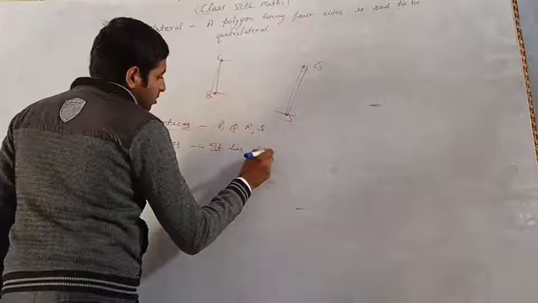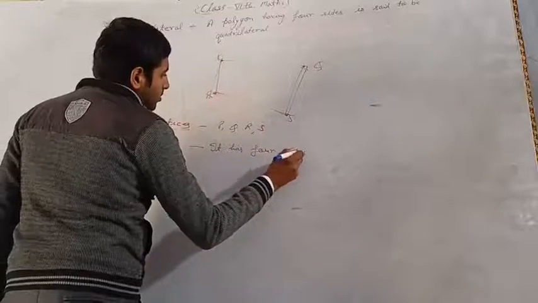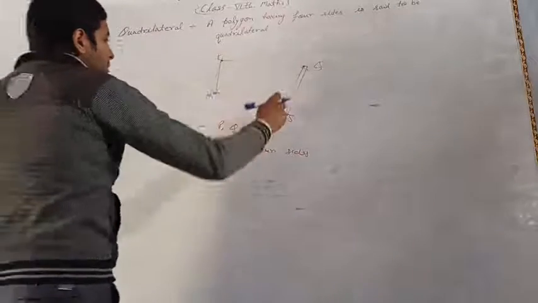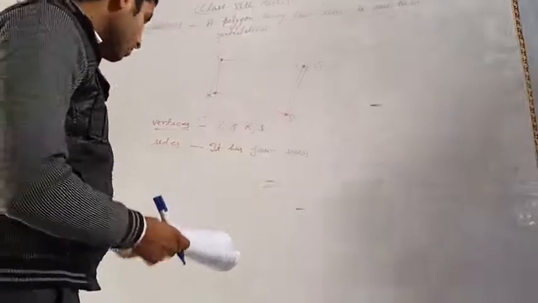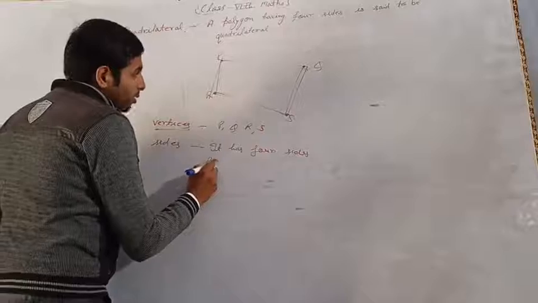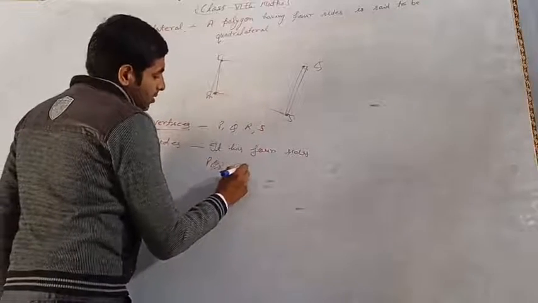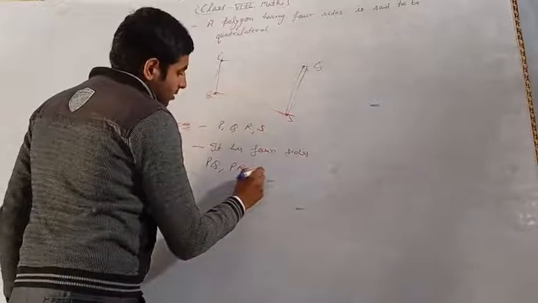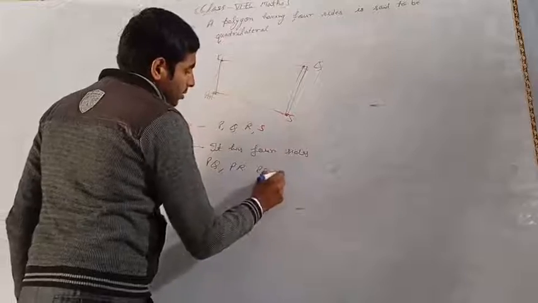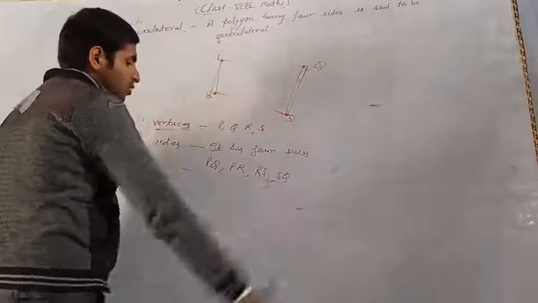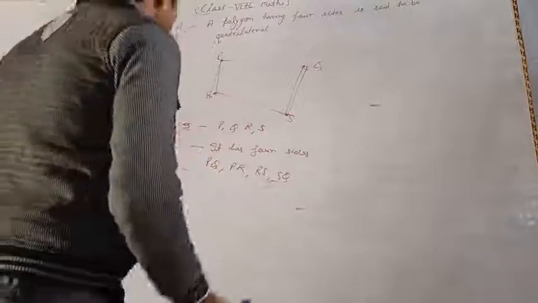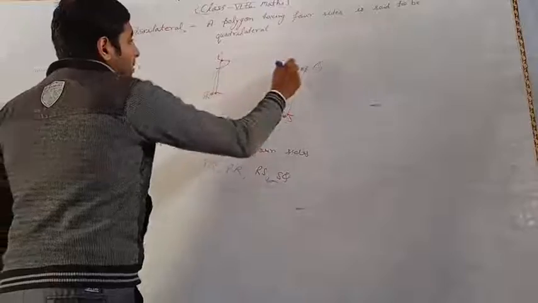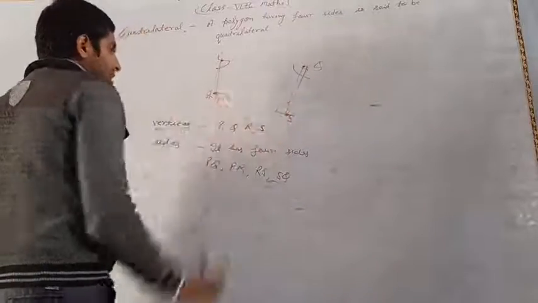It has four sides PQ, QS, SR and PR. It also has four sides PQ, QR, RS and SQ. Four angles are also given: angle P, angle Q, angle S, angle R.